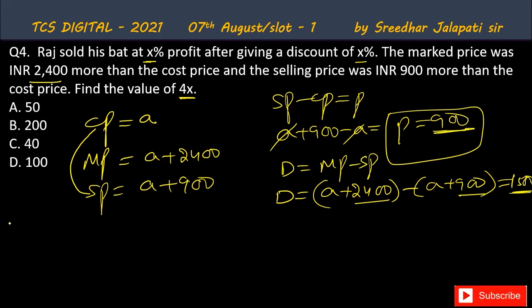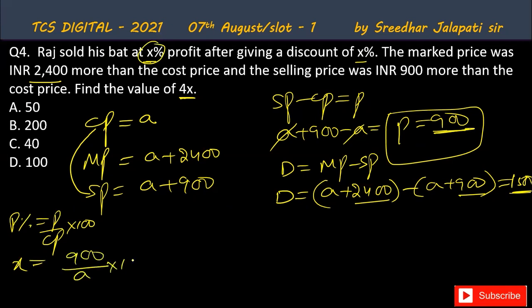How do we calculate profit percentage? Profit percentage is profit by cost price into 100. That is given as X. So X is equal to profit 900 by cost price A into 100. Similarly, how do we find discount percentage? Discount by market price into 100, because discount is always offered on market price.